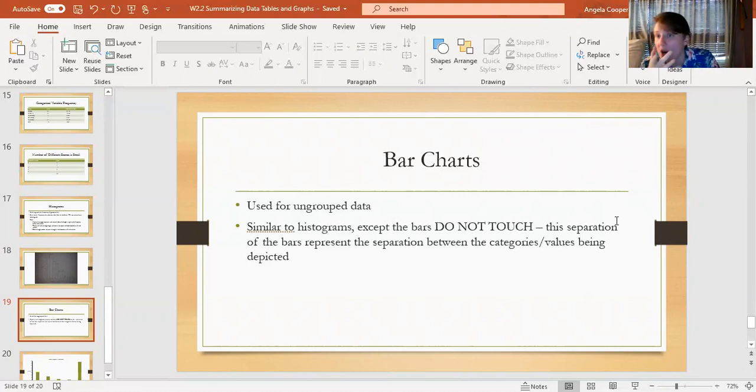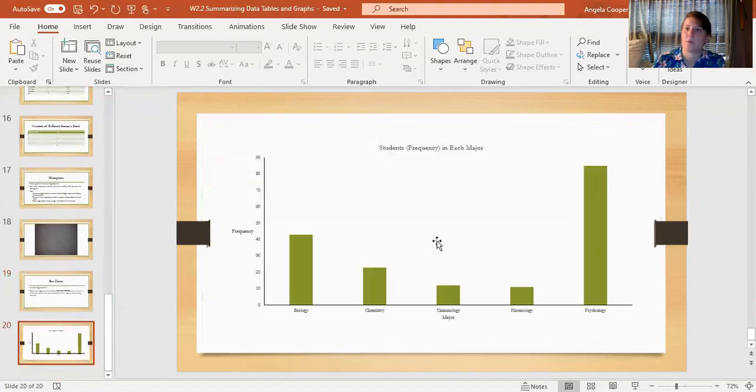We would use bar charts to graph these. These are similar to histograms in almost every sense, except the bars don't touch. So they're separate from one another. We're not going to have the biology majors bumping uglies with the chemistry majors. Their bars are separate, just like we see here.